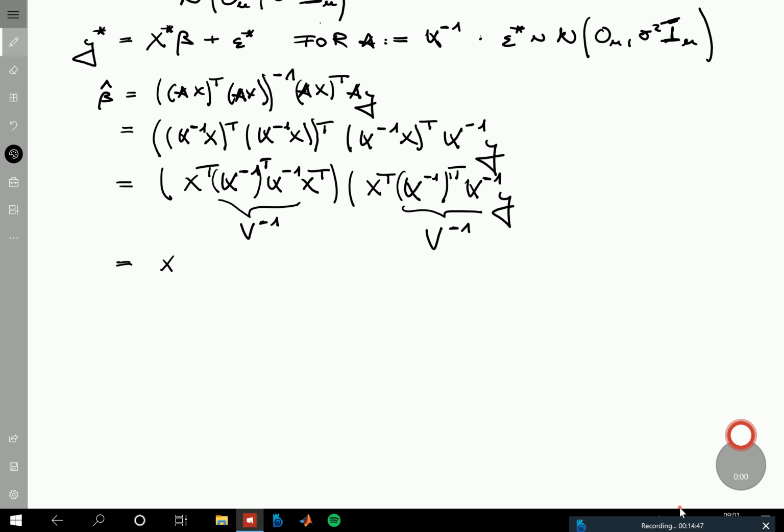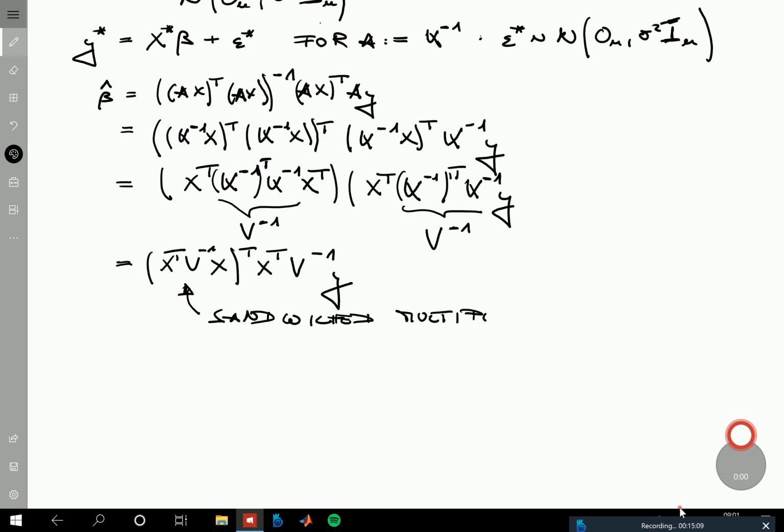So we get our generalized least squares estimator, which has this form, where you obviously see that the sandwiched multiplication here corrects for V not being equal to In.